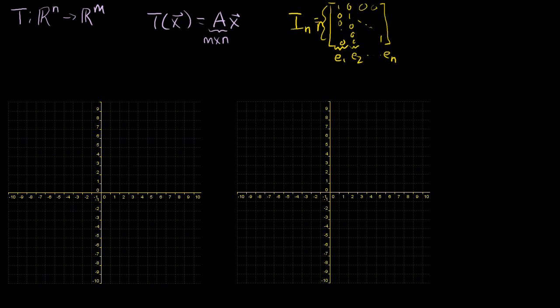And we know that our matrix A can be represented as the transformation being operated on each of these columns. So the transformation on E1, and the transformation on E2, and so forth, all the way to the transformation of En.